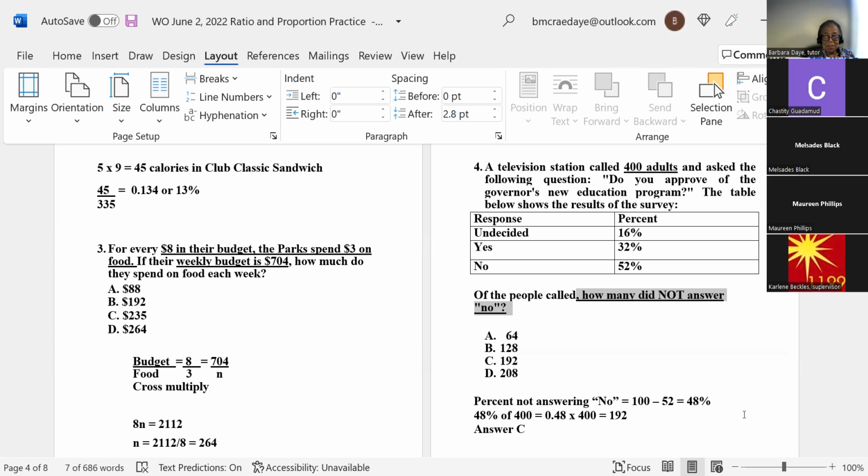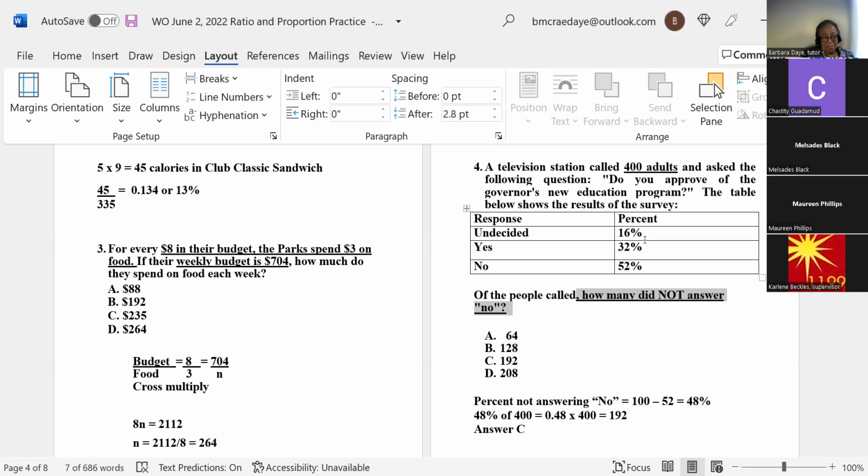You're saying to get the 48, we should add these two together, 16 and 32? Why? Because the no is 52. The ones who didn't answer no would be the total of these two. 48 and 52 is 100.